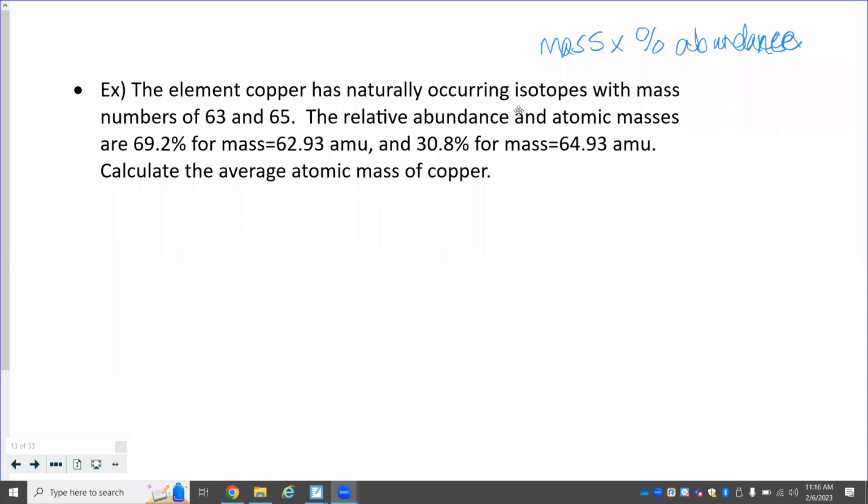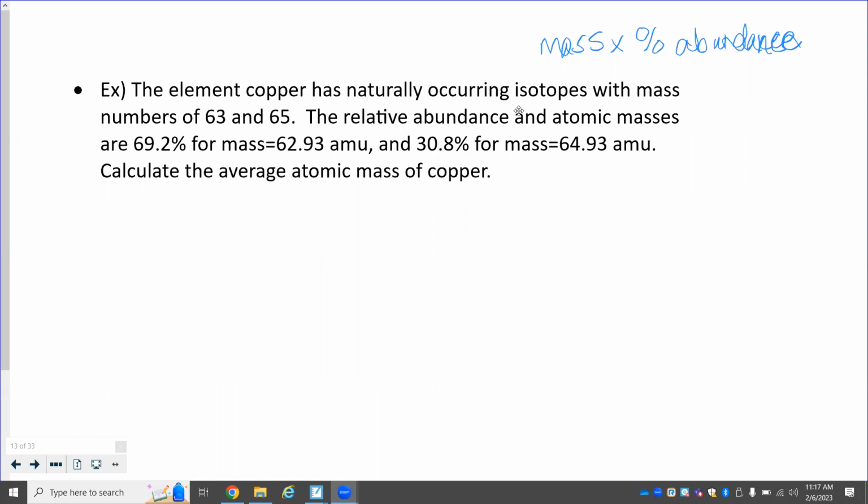All right, let's look at this problem. Here it tells us the element copper has naturally occurring isotopes with mass numbers of 63 and 65. The relative abundances and atomic masses are 69.2% for the mass that is 62.93 AMUs and 30.8% for the mass that is 64.93 AMUs.